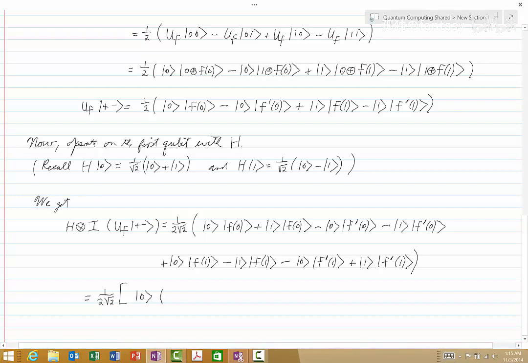So we'll have 0 as the first qubit, and then the second qubit is f of 0 minus f prime of 0 right here from this term, plus f of 1 that's from this term, and then minus f prime of 1 from this term.